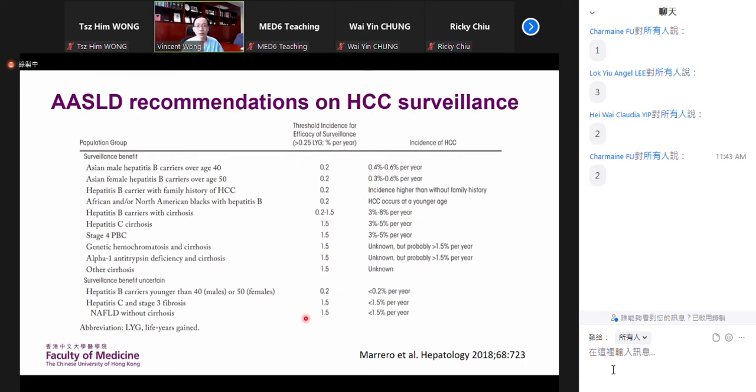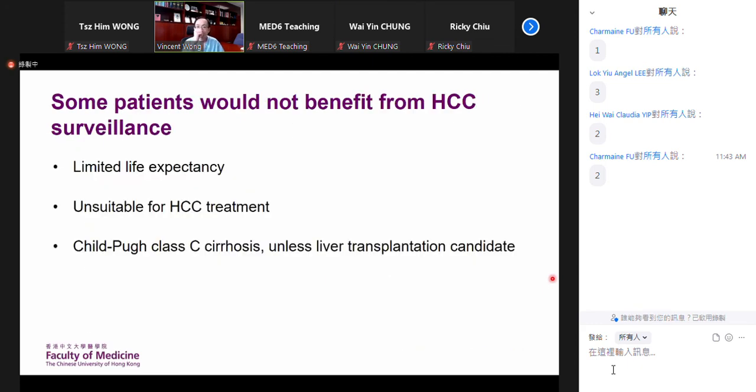So for those individuals, even without cirrhosis, you will start HCC surveillance. Now, another important point is that some patients would not benefit from HCC surveillance, because think about it, when you had your public health, community medicine module last year, for any screening, it is not just early diagnosis of a particular condition.